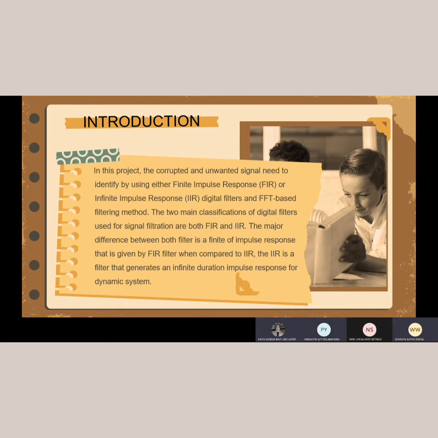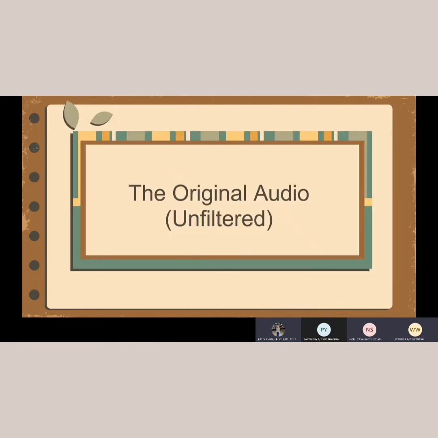The difference between them is the finite impulse response given by the first filter, compared to the IIR, which generates an infinite duration impulse response for a dynamic system. For the next slide, I pass to my partner, LIYANA.